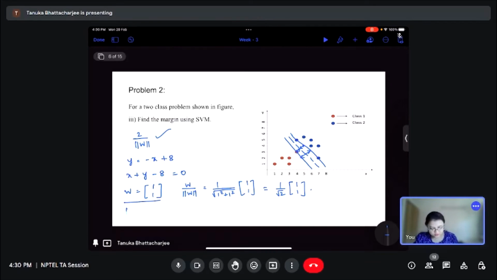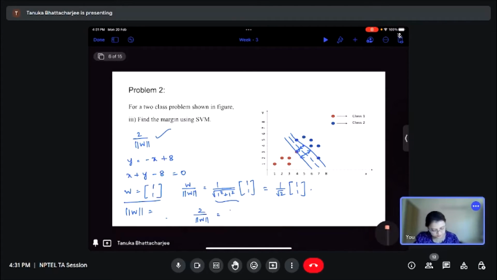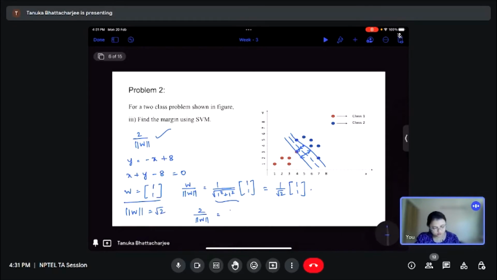So norm of w will be root 2, as I computed here. So your margin will be 2 by norm of w, which is 2 by root 2, which is equal to root 2. This will be your margin according to the formula 2 by norm of w.